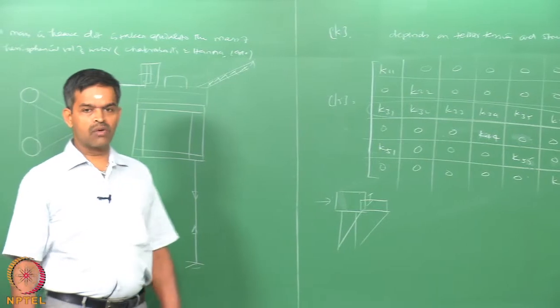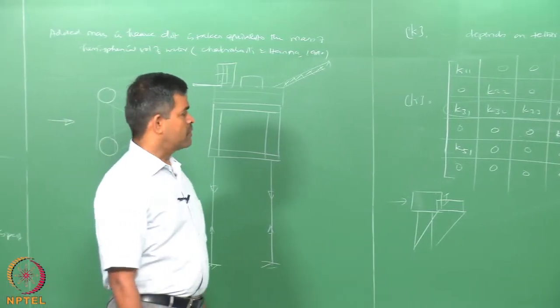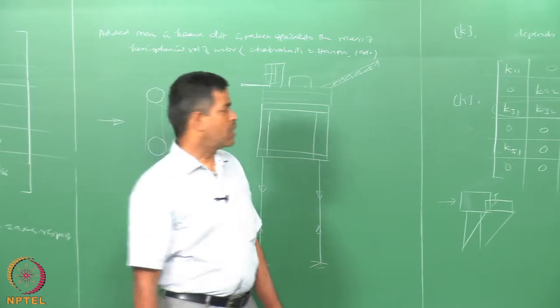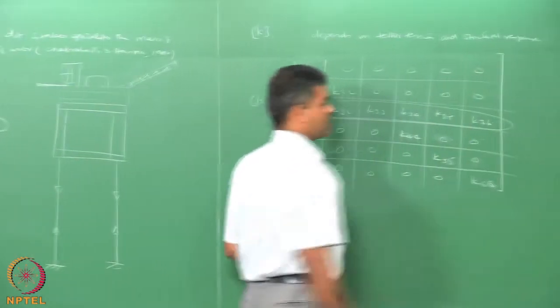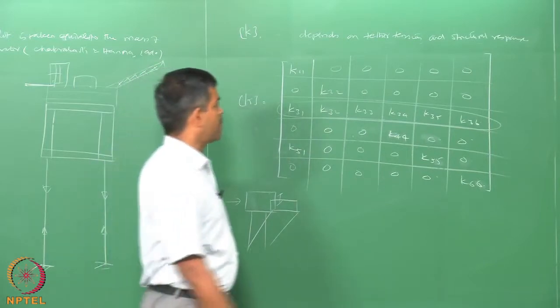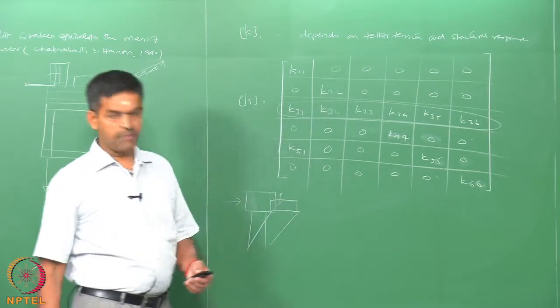One can also see, looking at the coefficients of the stiffness matrix, they are going to be tether tension dependent and response dependent. One can see these details from my papers published and indicated in the NPTEL website.